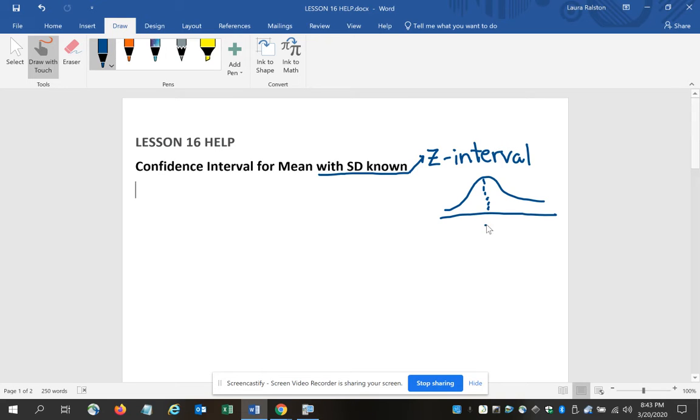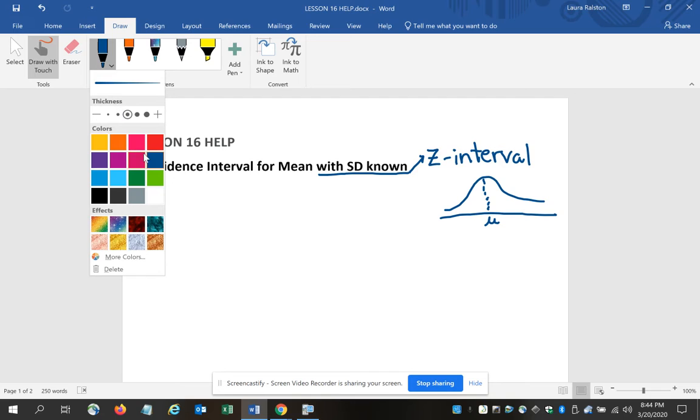And so that gives you an idea of why it's called the Z interval. To create the confidence interval for the mean when you know the population standard deviation, you need at least 4 pieces of information given to you in the problem, or you need to be able to find it.